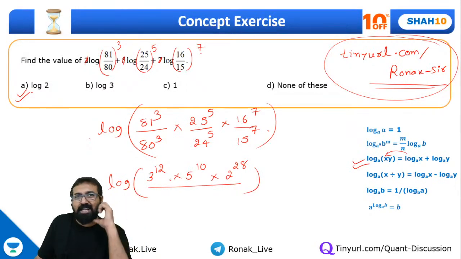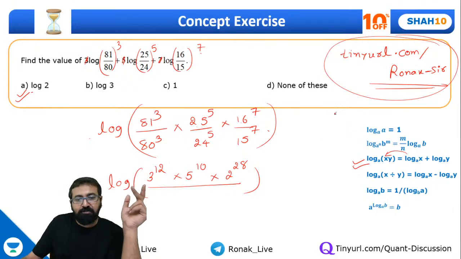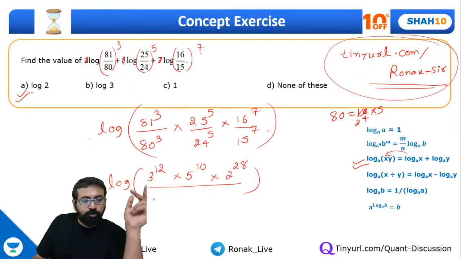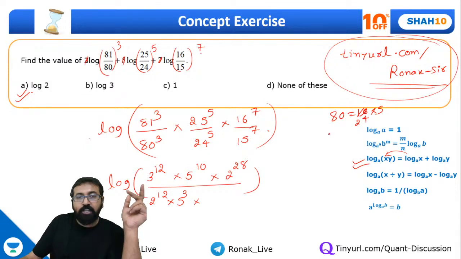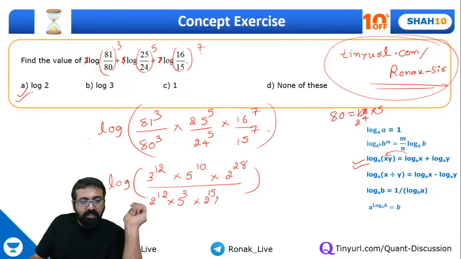Now what is the prime factorization of 80? 80 is 16 into 5, and 16 is 2 raised to 4, so 2 raised to 4 cube. So it will be 2 raised to 12 into 5 raised to 3. 24: what is 24? 8 threes are 24, and 8 is 2 cube. So it will be 2 raised to 15 into 3 raised to 5, into 15, so 5 raised to 7 into 3 raised to 7.